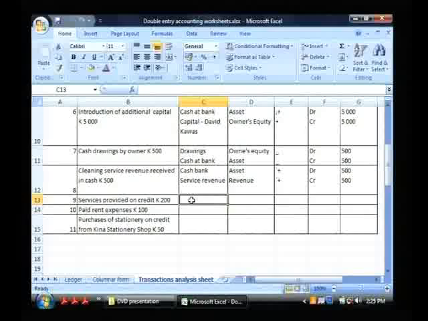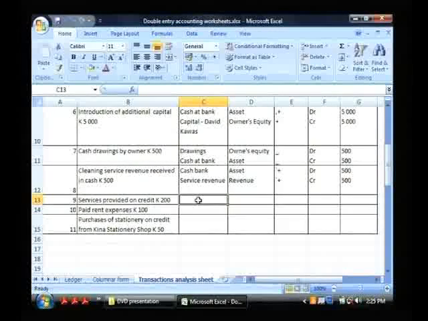And next one is services provided on credit. This is also real. Some businesses, it is a requirement or part of the business life to provide services on credit.